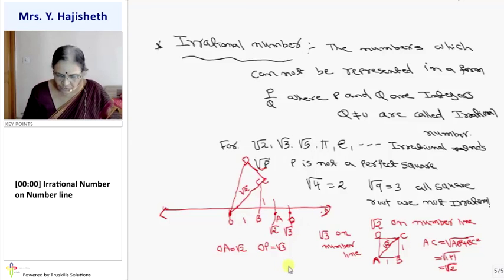Suppose you want to represent root 17. Then don't perform this for 16 times.